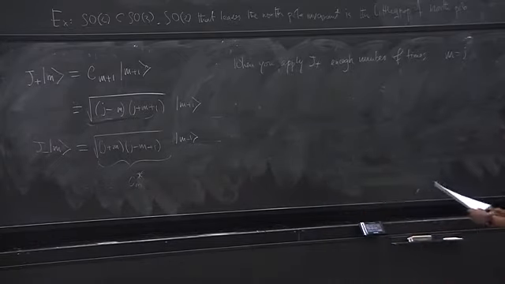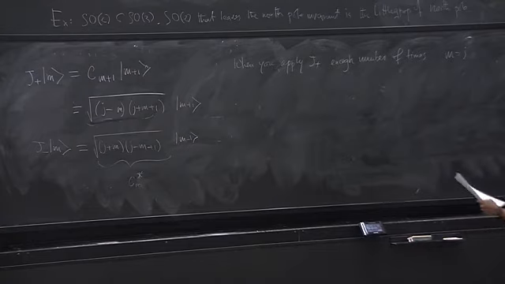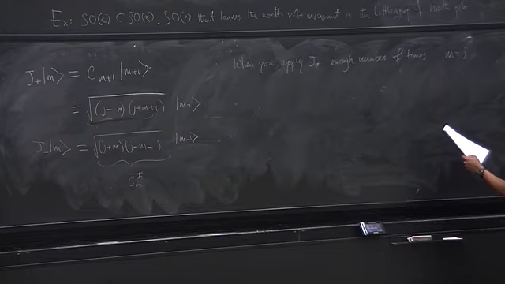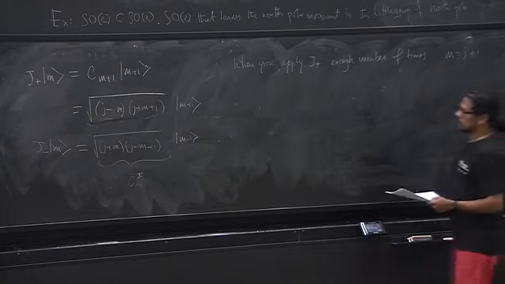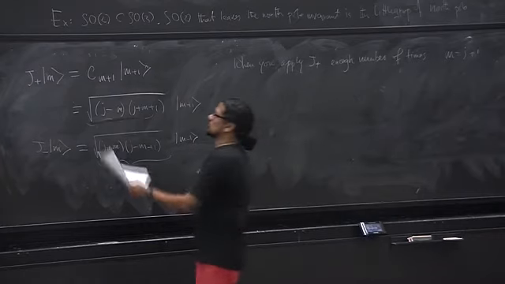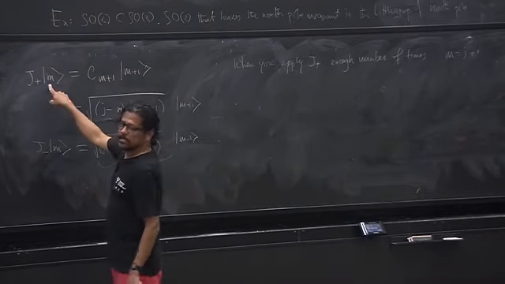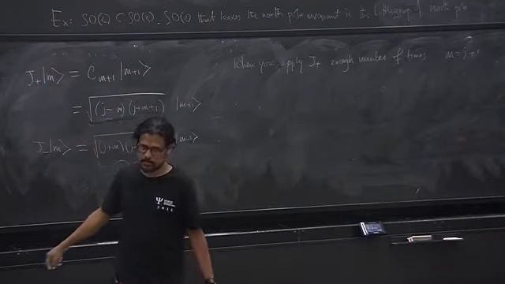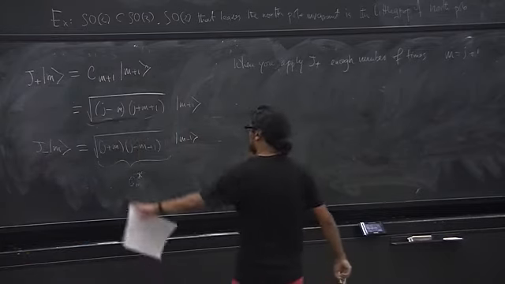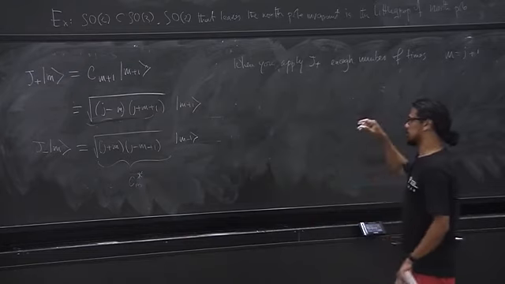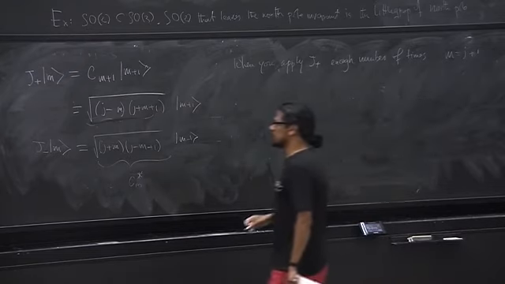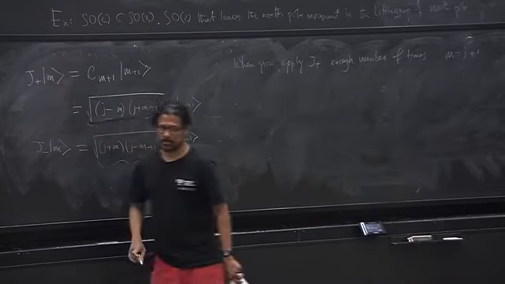So when you get to say m equals j plus 1, there is no more state. So the highest state will have the label j here, right? And from this you can see that the lowest value of m is going to be minus j.